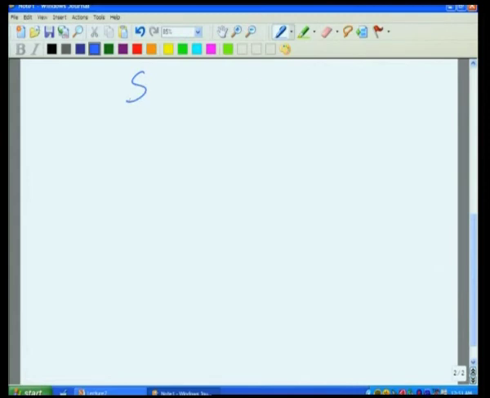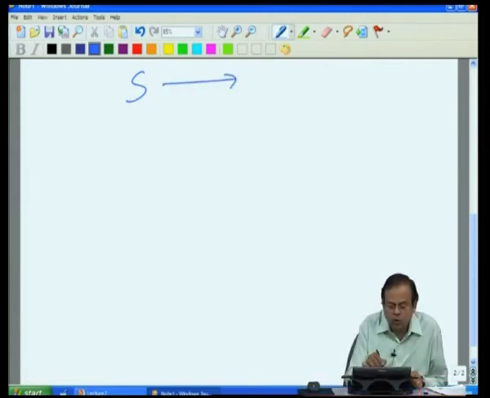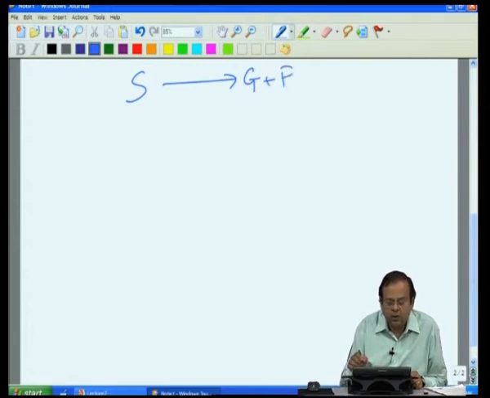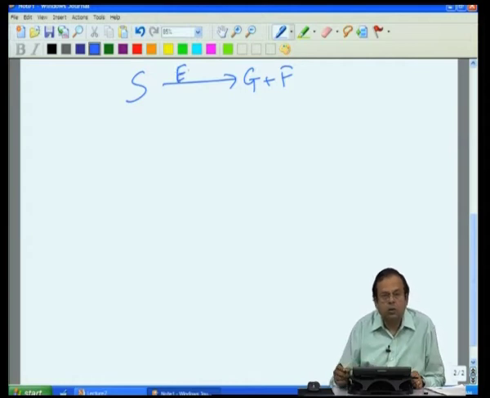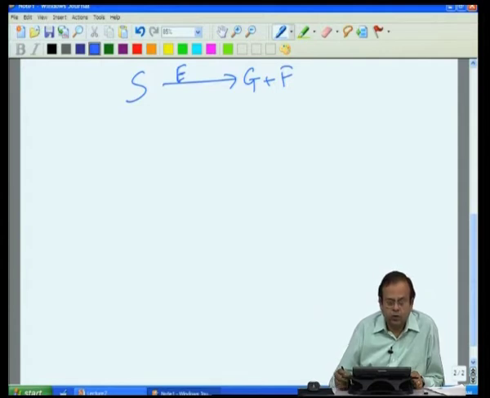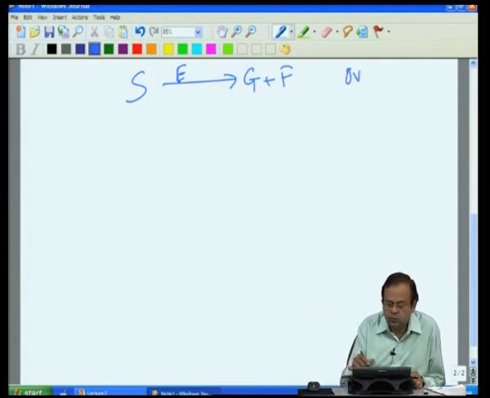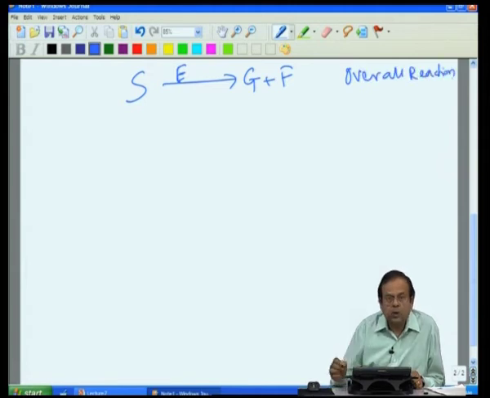If we take the example of sucrose, I am just going to write this as S, going to glucose and fructose. This example actually is an example of a catalytic reaction, and it involves a catalyst, let us say we call that catalyst E. So, this is an overall reaction, and we write the mechanism of this reaction as a detailed description.